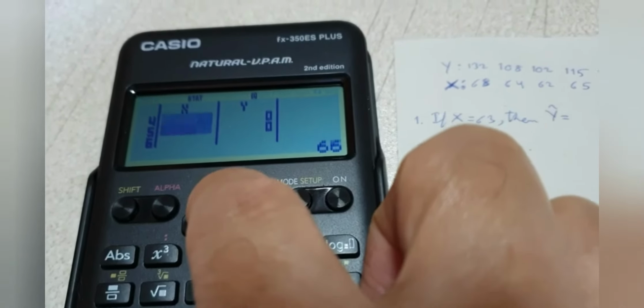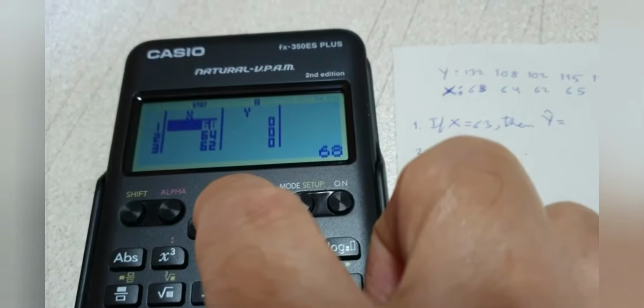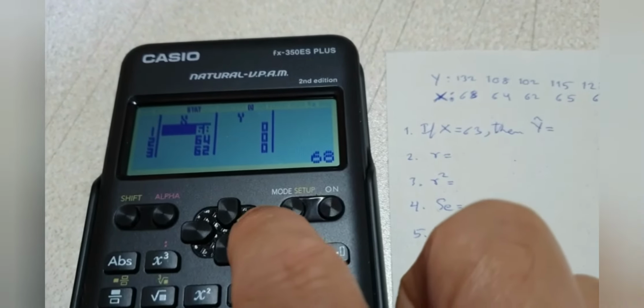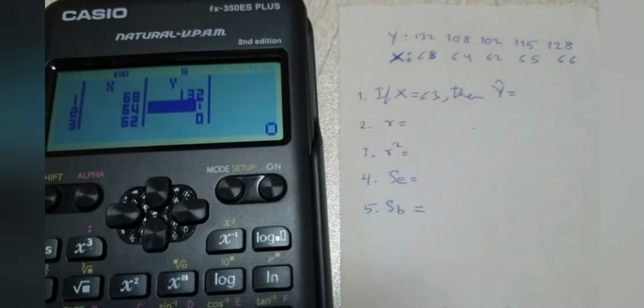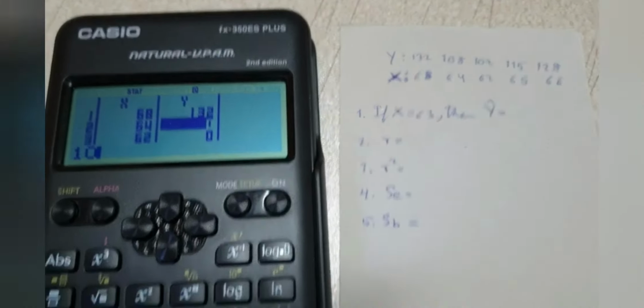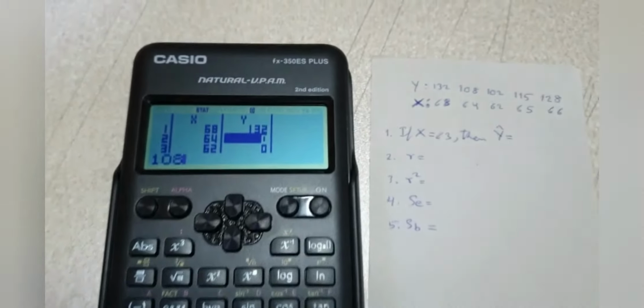Now move up to line number 1. Okay, number 1, move to the right. Y1, 132 equal to. Y2, 108 equal to.